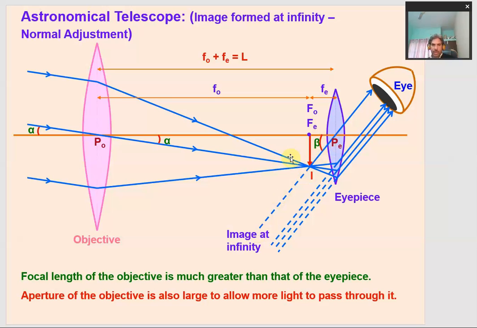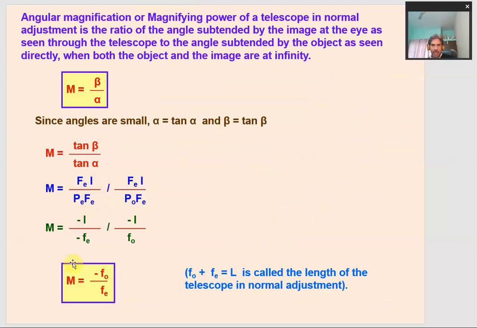When we find tan alpha and tan beta and substitute values here, we get this formula. On using the values according to sign conventions of Pe, Fe and P0, Fe, because the other two terms will cancel out, we get the magnification to be minus f0 upon Fe.